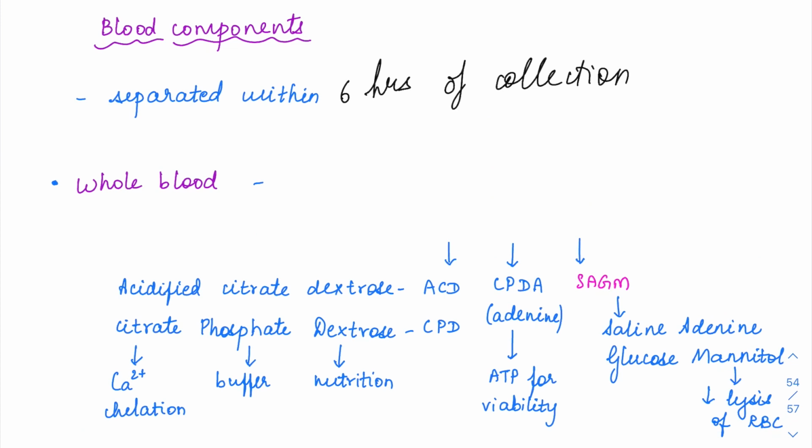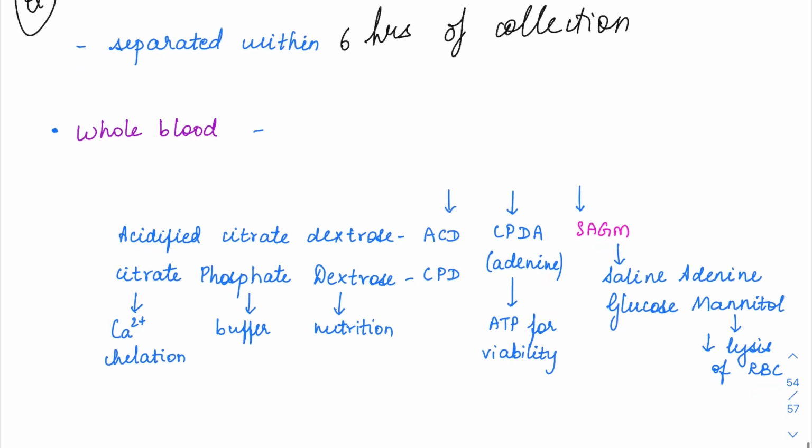So coming to whole blood, this again is going to be important. The temperature of storage, the shelf life, and the contents of it are going to be important. If you are giving 1 bag of whole blood to a patient, it is going to increase the hemoglobin by 1 gram per deciliter.